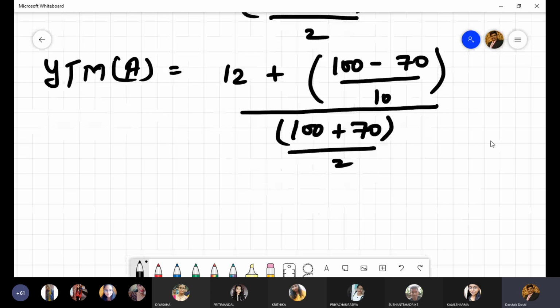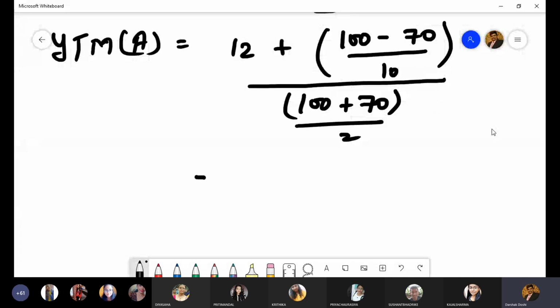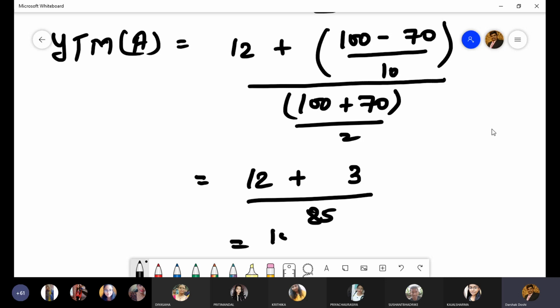Now I think it is very simple mathematics for you along with the help of a calculator. So can I say 12 plus 30 divided by 10, that will give us, the whole divided by 170 divided by 2. That will be 85. Then I say it will be 15 divided by 85, which is nothing but 0.1765 or 17.65%.